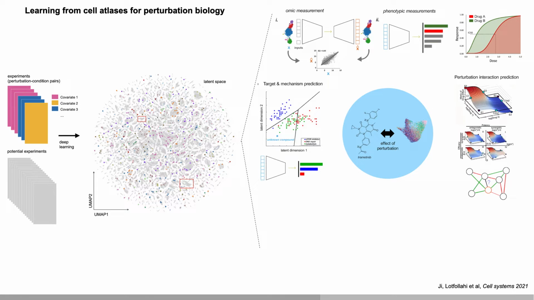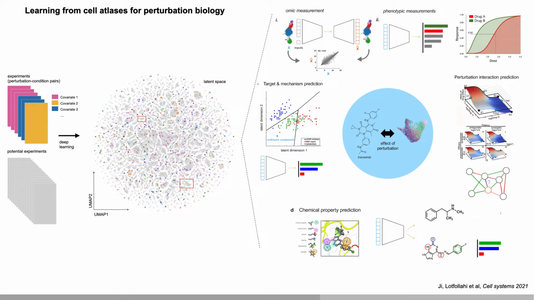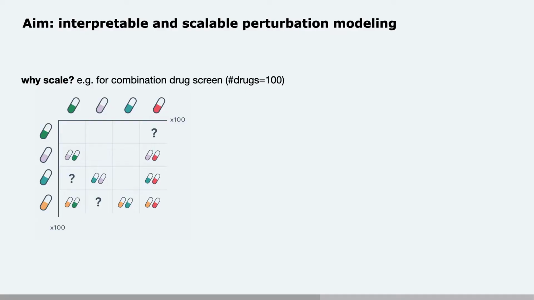So basically, how two different drugs interact with each other, or how two different genetic knockouts do, and similarly for chemical property prediction. Among these tasks, today I'm going to talk about omic measurement prediction, specifically gene expression prediction.